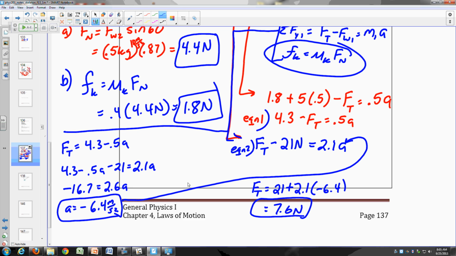Then over here, I plugged that acceleration back into this function for Ft and solved for Ft. But question C was the acceleration of block 2, so block 2 would be negative. They're both going to be negative. That was negative 6.4. That's the answer for C.